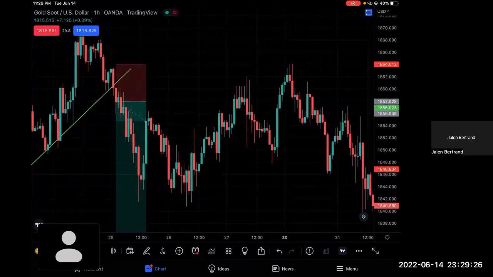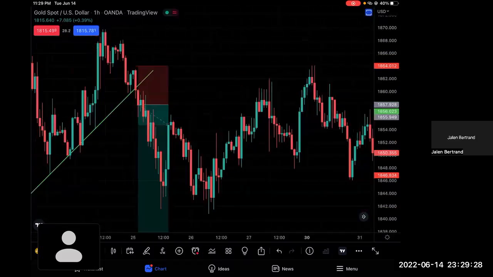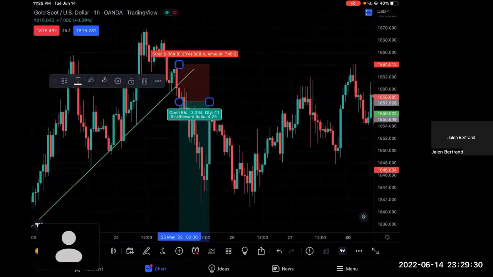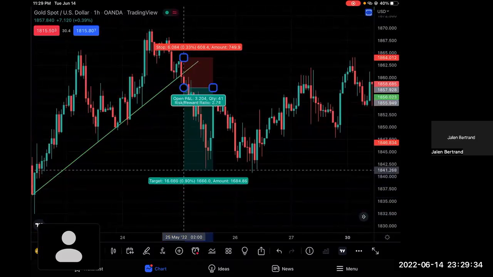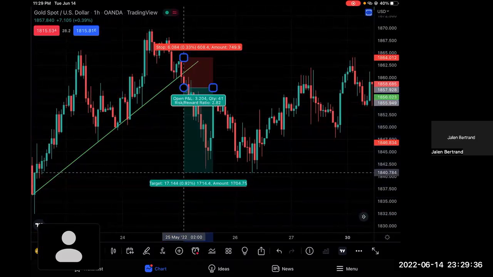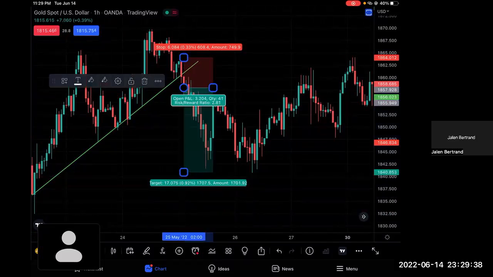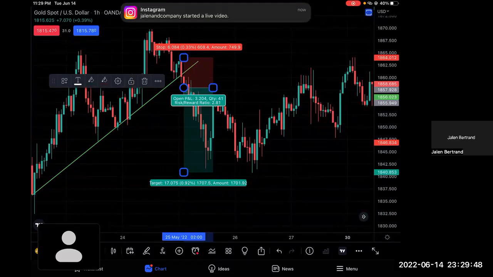So let's see. Okay, so in total we ended up getting down almost a 1-to-3. By that point, you should have been taking things off of your trade. You should have already secured most of your percentage.